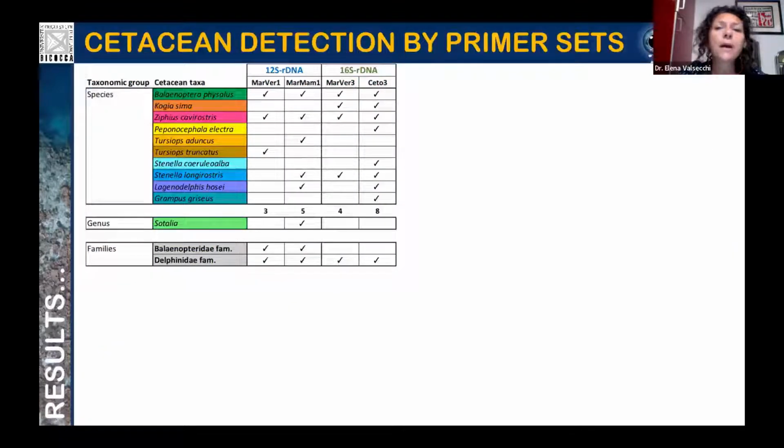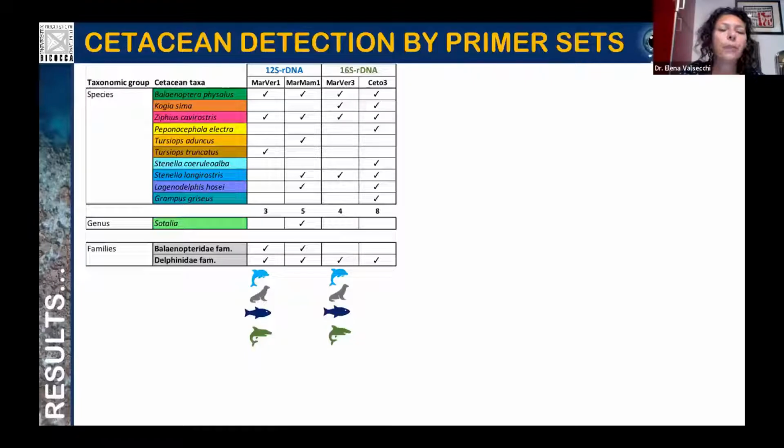So these are our results. This slide shows what we found. We were able to find signals from 10 different species, and here you can see in the columns the 4 primer sets.